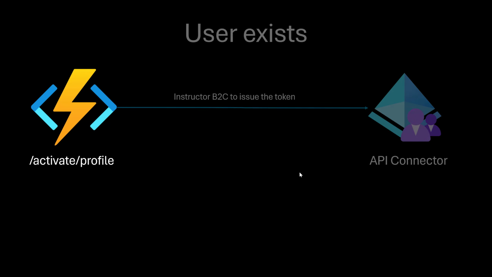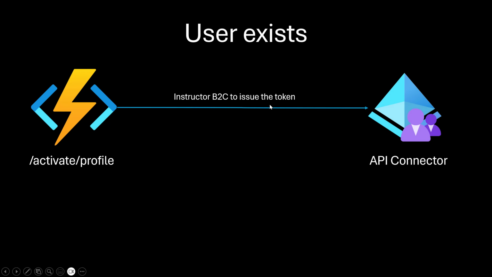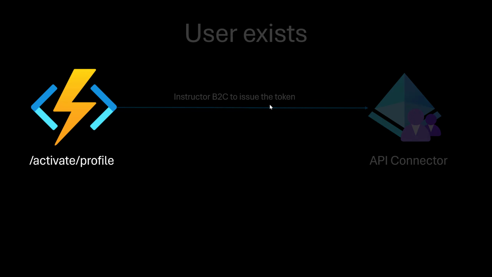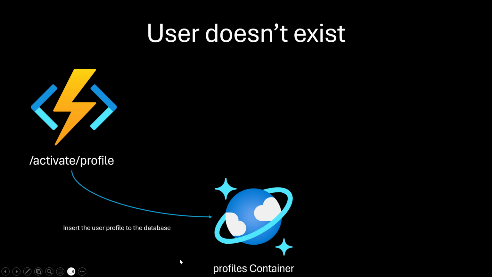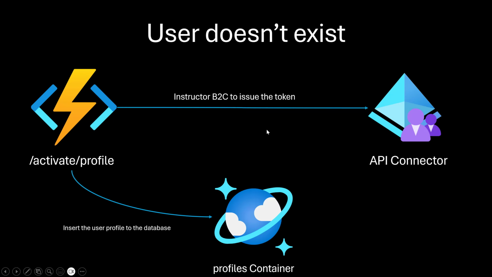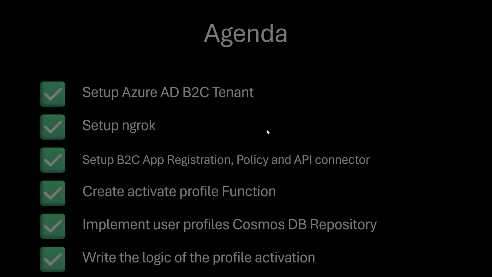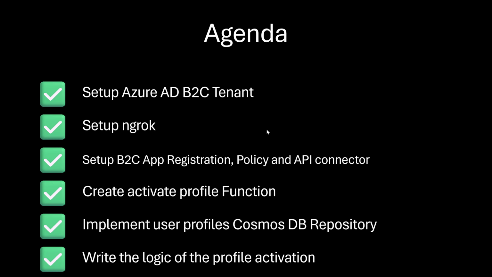If it does, we just indicate to the API connector, okay, continue. That's the type of action we are going to return. Or we insert that user into our database and then we proceed.